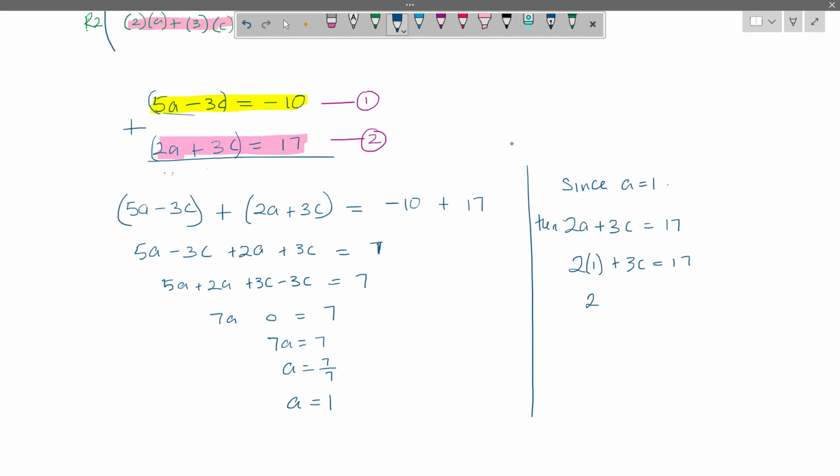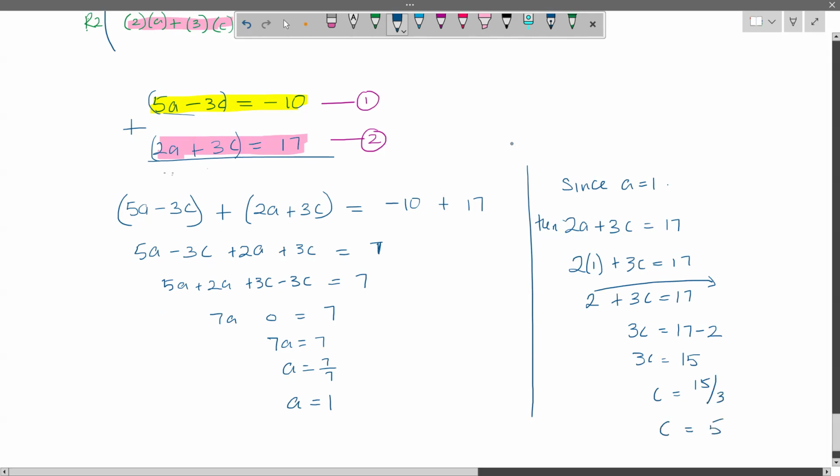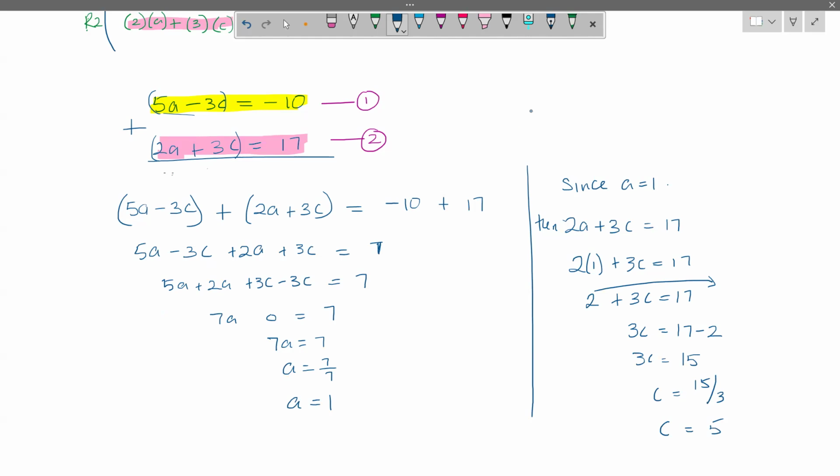So 2 by 1 is 2. 3C will be 17 minus 2 when I carry this across here. 3C would be 15. C will be 15 over 3. C is 5. That's how we're working out for A and C.